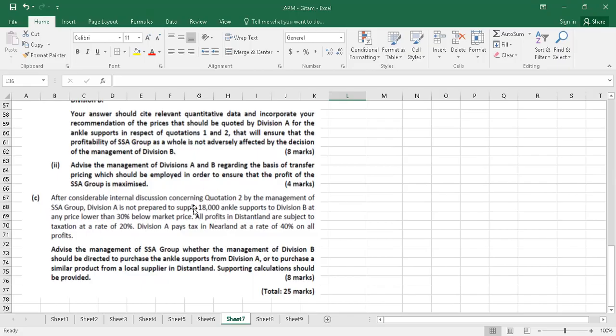This is quotation 2 on all 18,000 units. A wants to charge the same 10.5 on all 18,000 ankle supports. So should B be purchasing at 10.5 from A, or buy it from local supplier? So that's the aspect. Let's take it up.